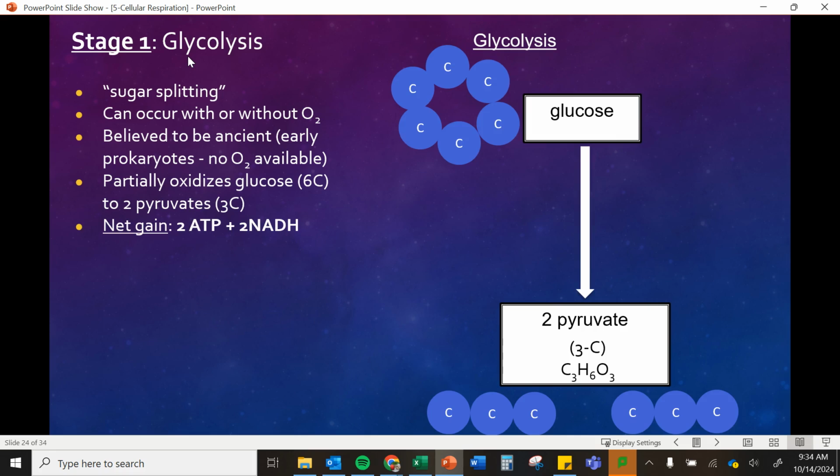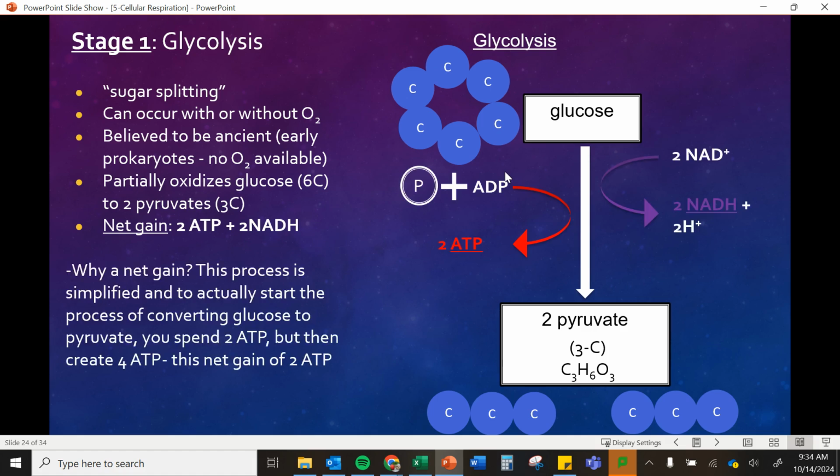Okay, when we do this, we're going to gain a little bit of ATP, and we're going to gain some NADH from those electrons that were lost when we split apart that glucose. Okay, this is actually a net gain because we actually have to use a little bit of ATP. We use 2 ATP, but we generate 4 ATP at the end.